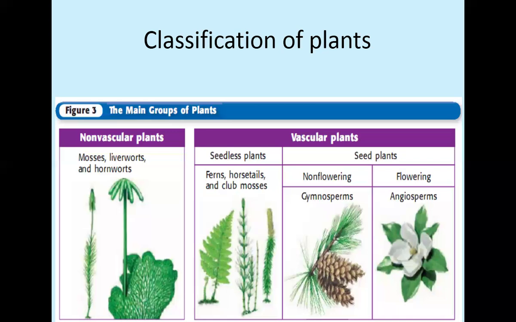Xylem are meant for the transport of water, and phloem are meant for the transport of food material in the body of the plant. And lastly, you are required to know about these four major groups of plants: non-vascular, seedless, non-flowering or gymnosperms, and lastly, flowering or angiosperms.